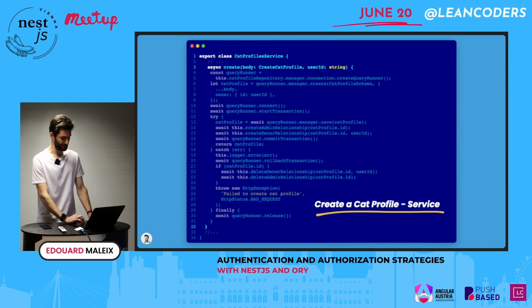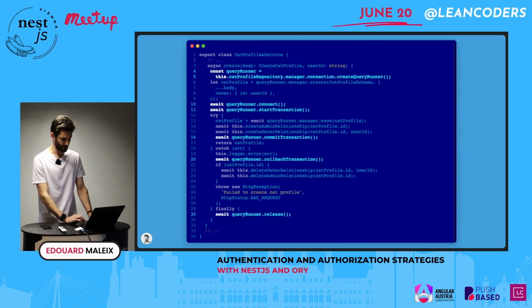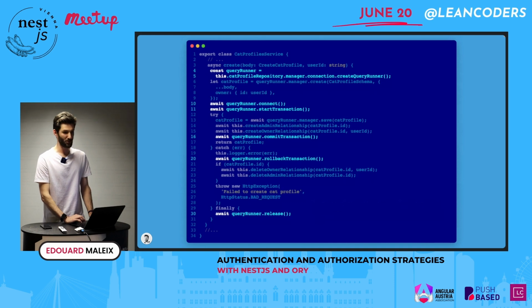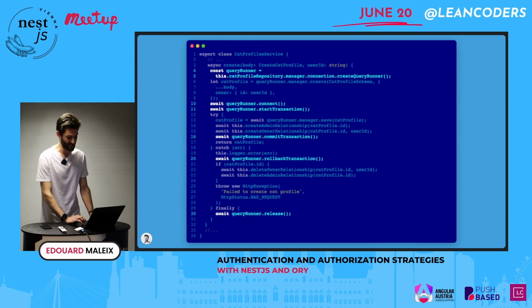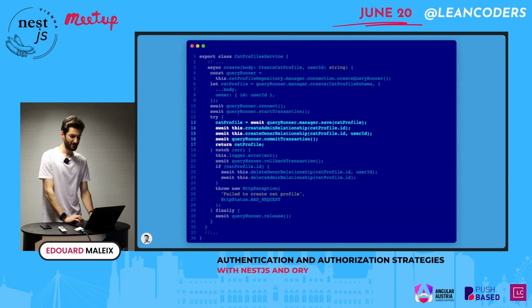And the implementation is the following. I wrapped everything in a transaction. I hesitated to make a shortcut, but you definitely have to wrap that logic into a transaction, because if things go wrong at any step, you need to be able to roll back and ensure that all the relationships that you create are deleted.